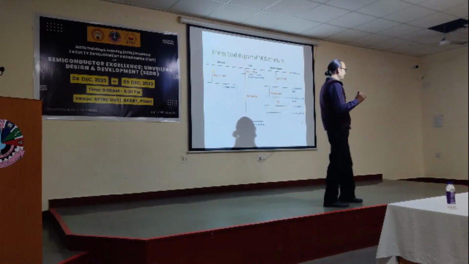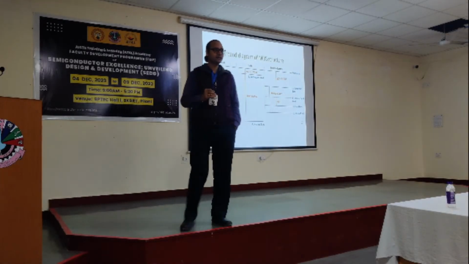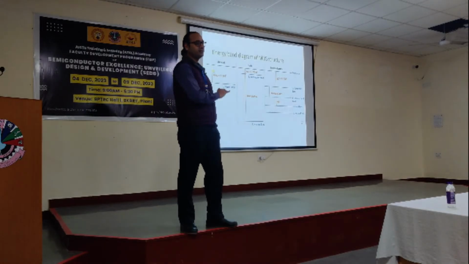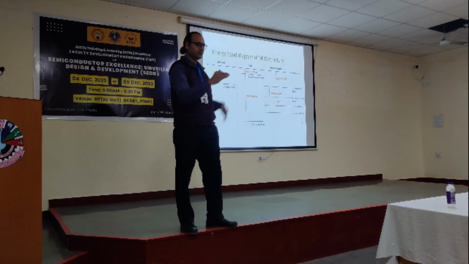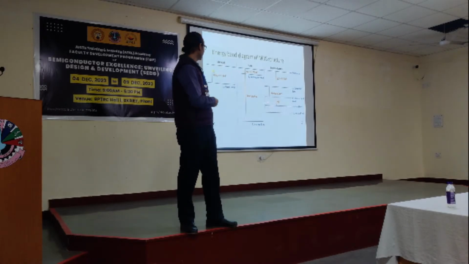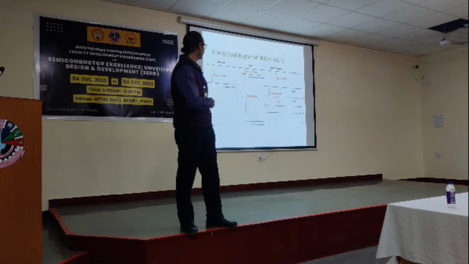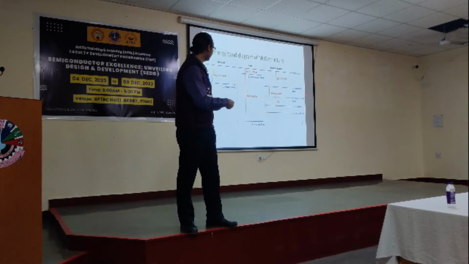This is a bound rule in VLSI that under equilibrium the Fermi level will align throughout when the metals or semiconductors are in contact. So if this Fermi level has to get aligned with this Fermi level, then obviously the Fermi level will stay constant throughout.